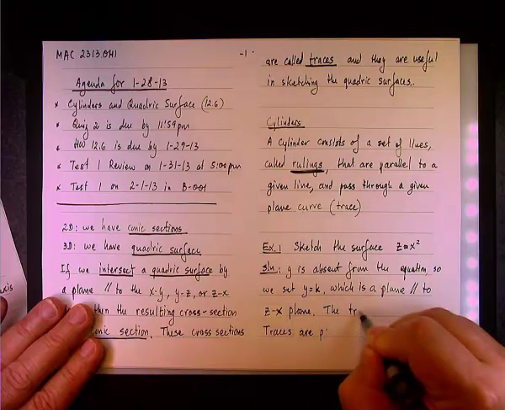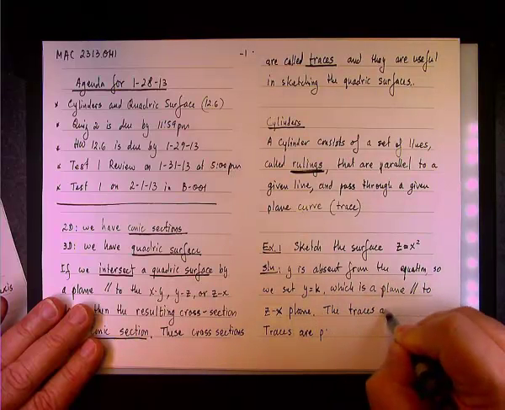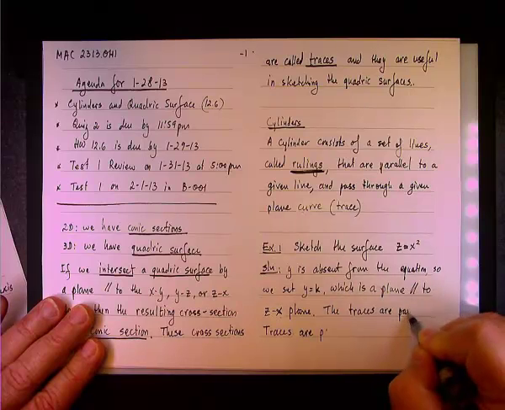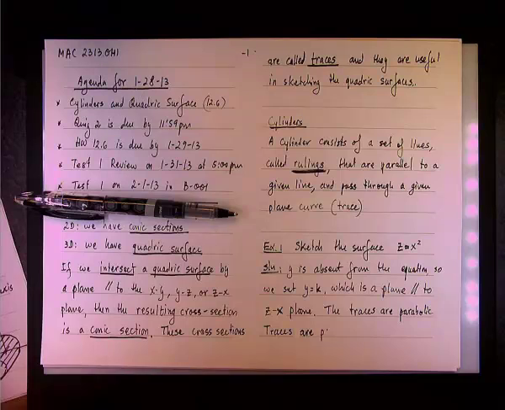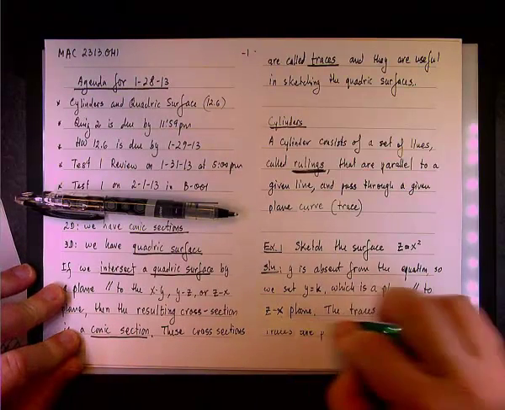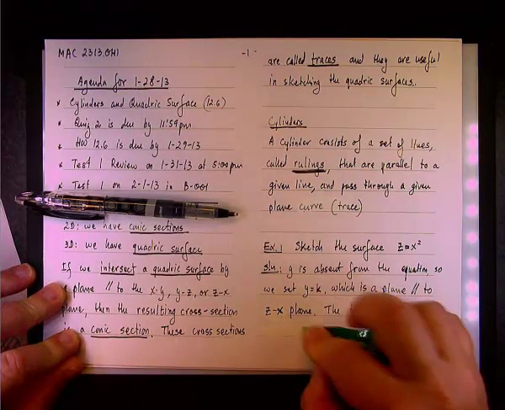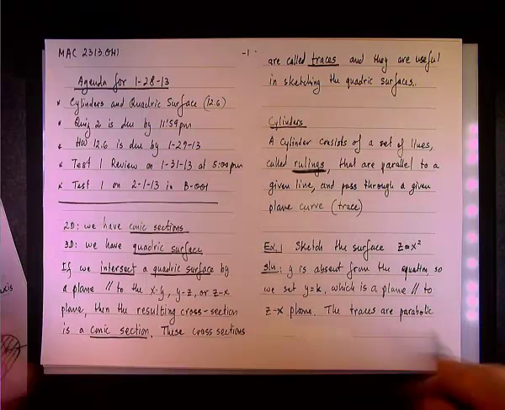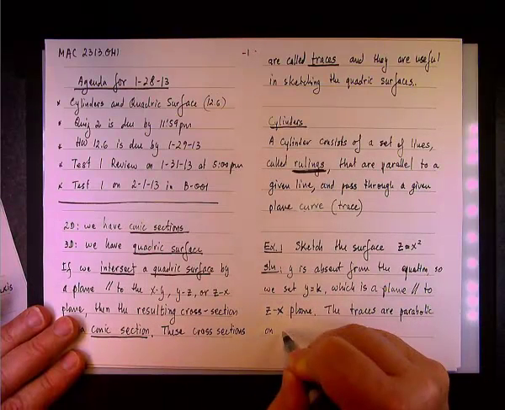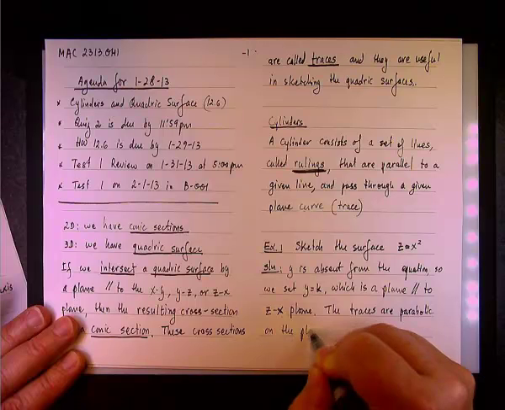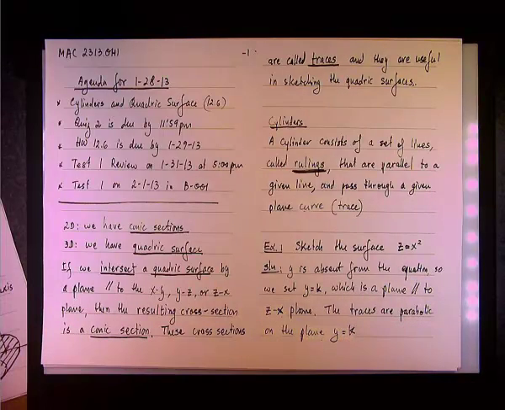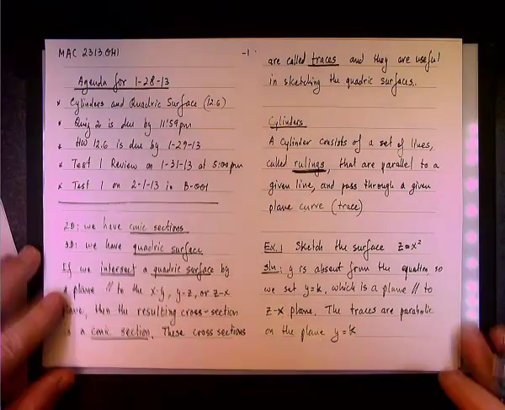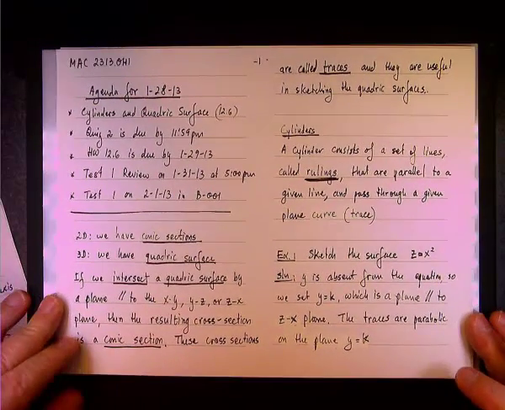Let's write it here. The traces are parabolic on the plane y equals k. All right, let's sketch this.